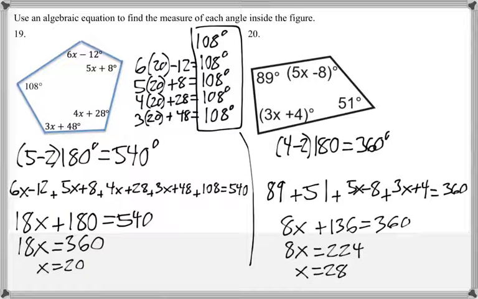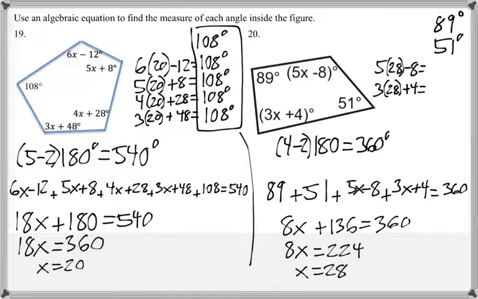So again, they want the measurement of each angle. So we already know the 89, and we already know the 51 because they gave that to us. So then we just need to plug in 28 into 5 times 28 minus 8, and then 3 times 28 plus 4.